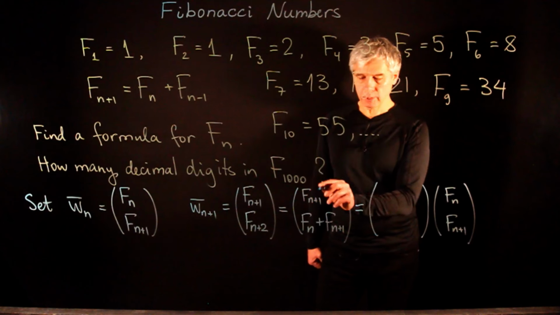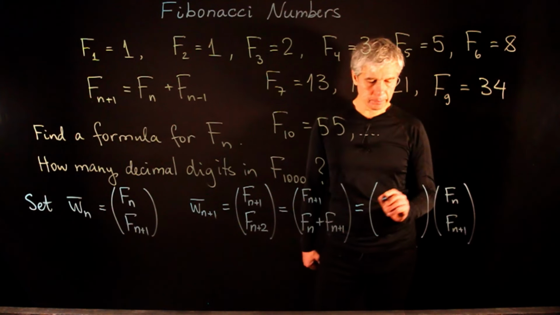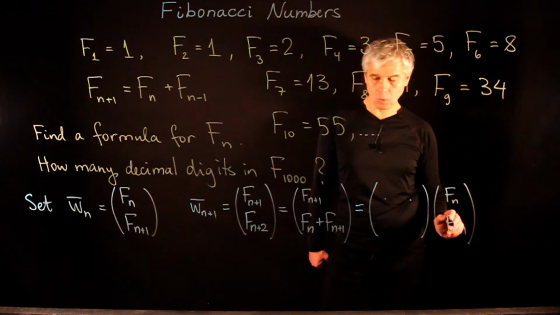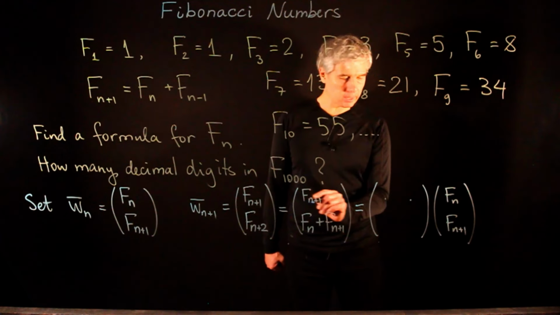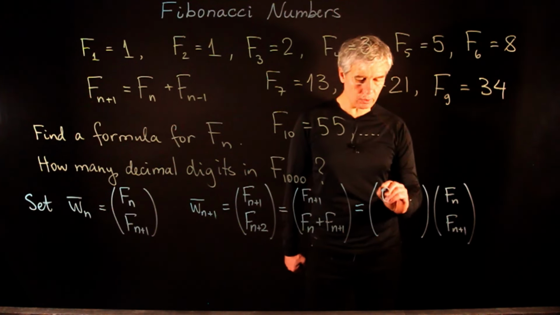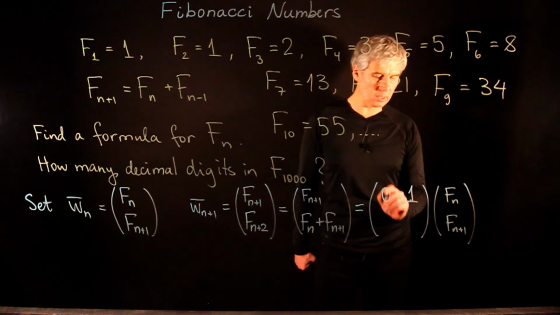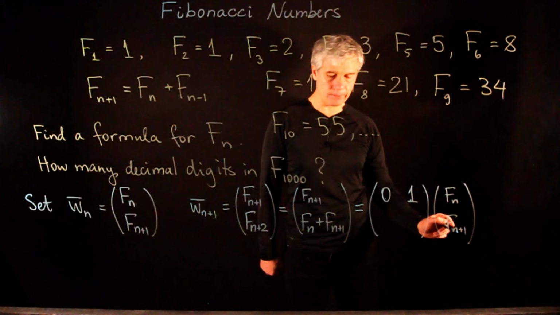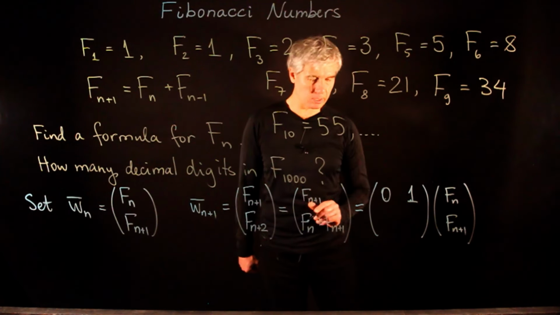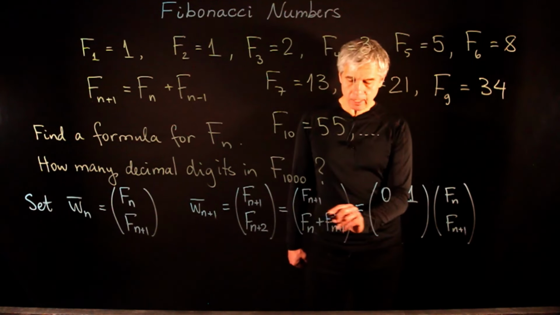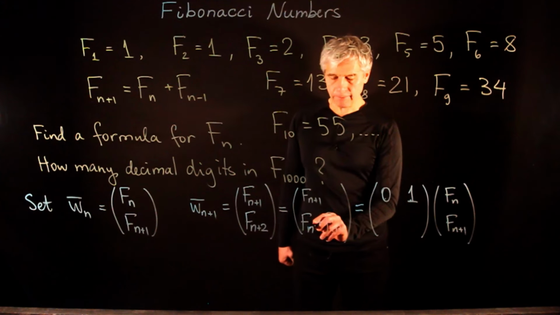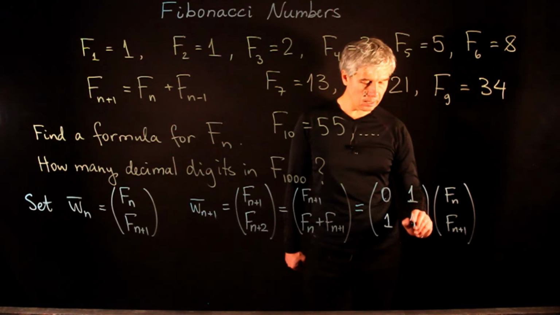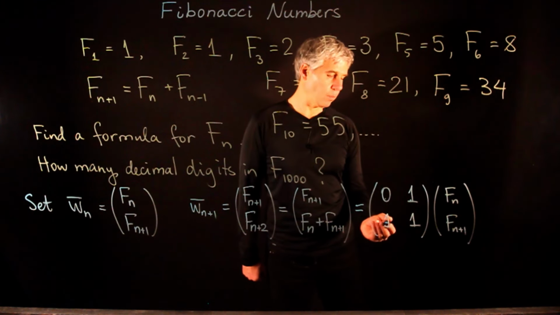The first component of this product will be the dot product of the first row of this matrix with this column. And we need to get fn plus 1. So this means that the first row should be chosen as 0, 1. So then the dot product of 0, 1 with fn and fn plus 1 will give us fn plus 1. And then to get in the second component fn plus 2, we obviously need to take as a second row 1, 1.